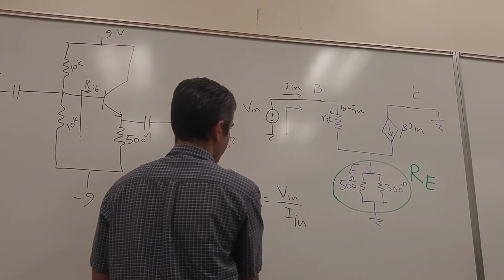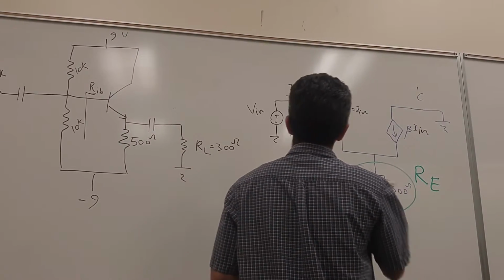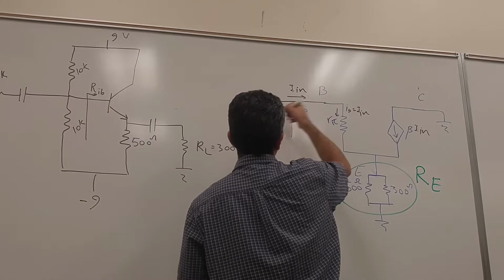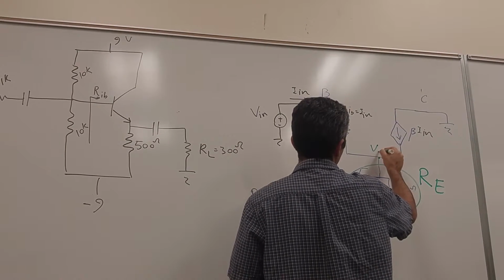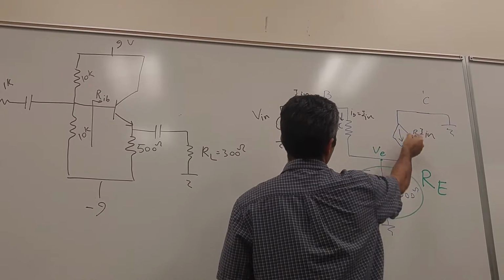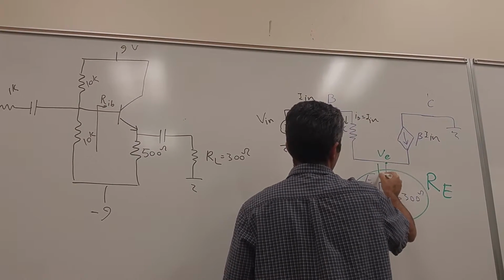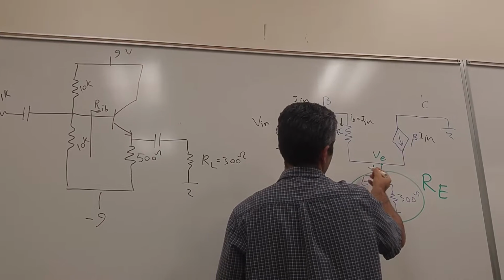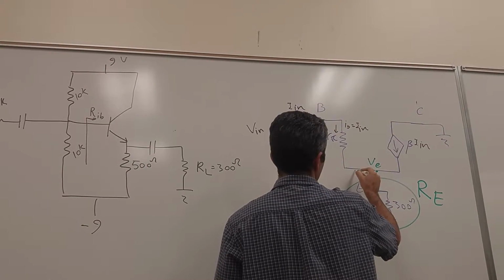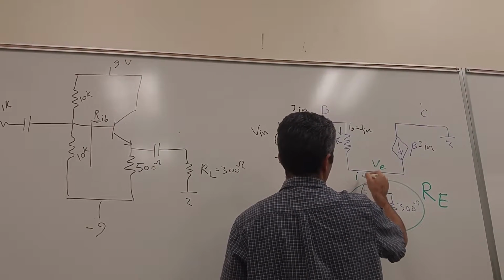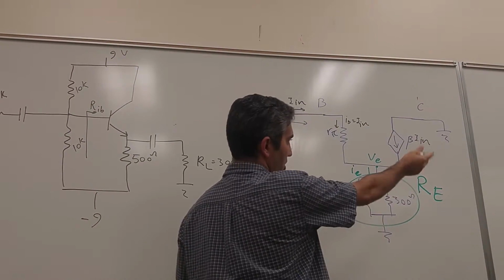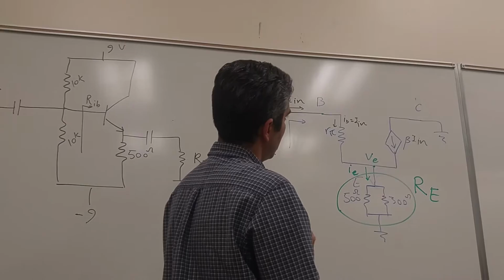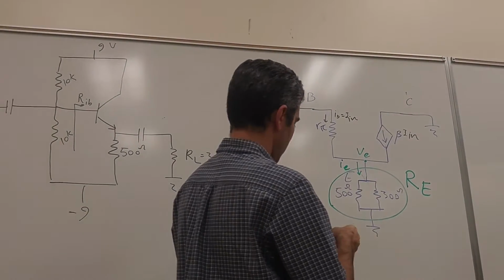For the solution, you have to label all the voltages. That voltage is labeled, that's V in. This voltage is not, we call it VE. That current is labeled, this current is labeled, this current isn't. I'm going to call that IE. That passes through RE, right? And we're done with the labeling.